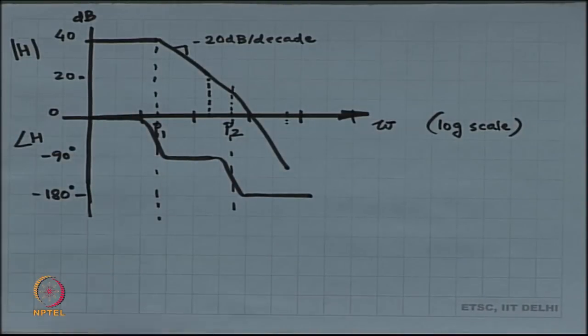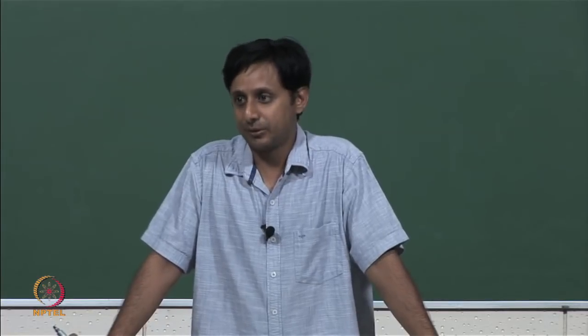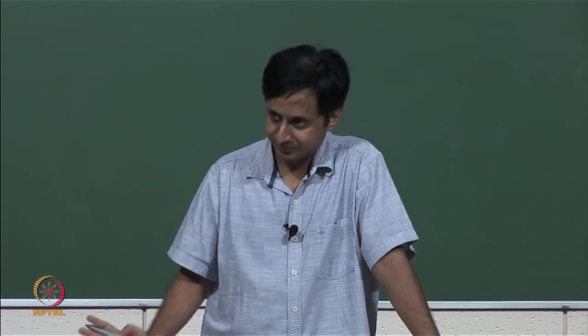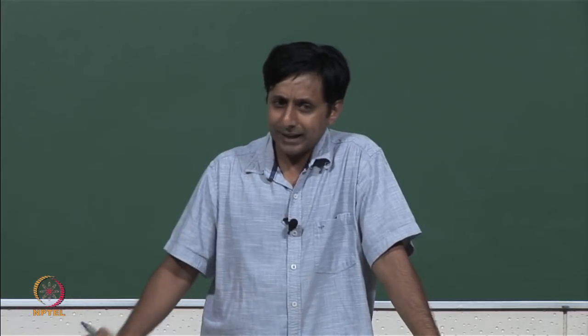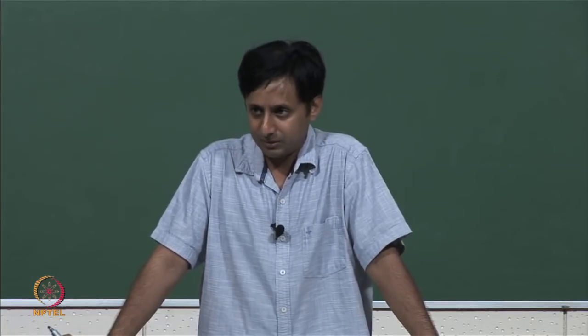But when I place this op amp tomorrow in a negative feedback, unity gain negative feedback system, is that system going to be stable or not? That is the question that we are trying to answer. And the way we do that is by examining the gain margin or the phase margin.